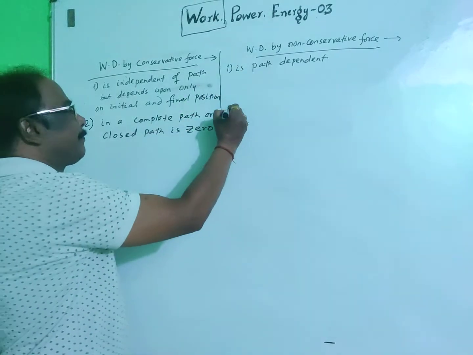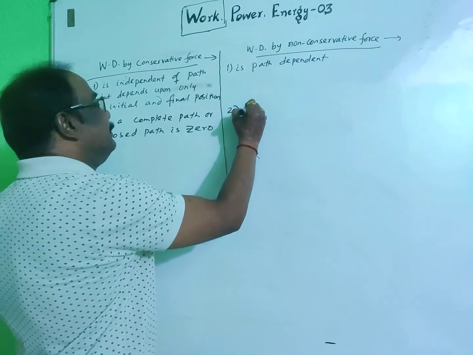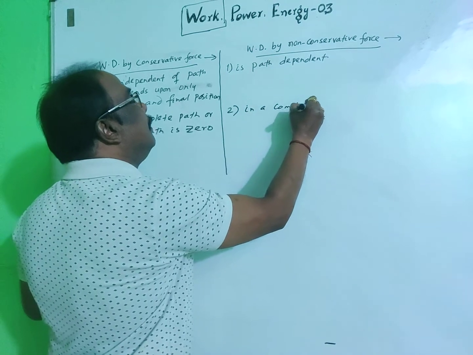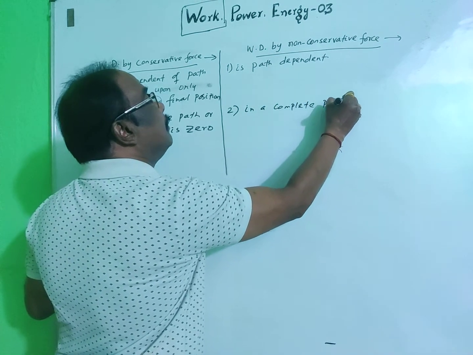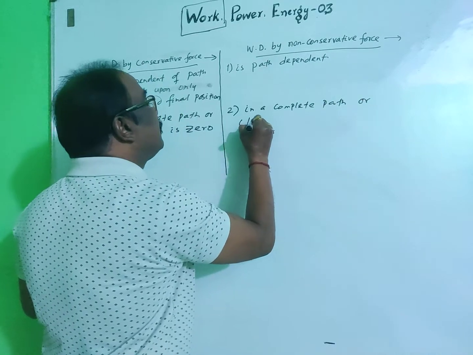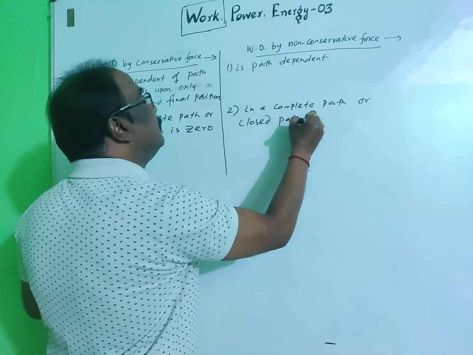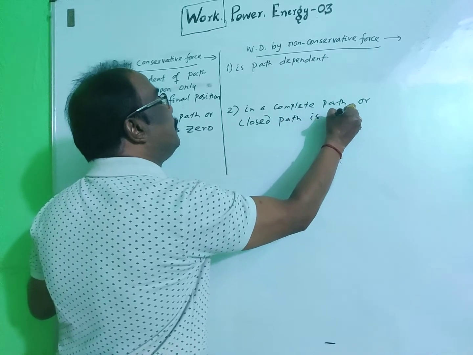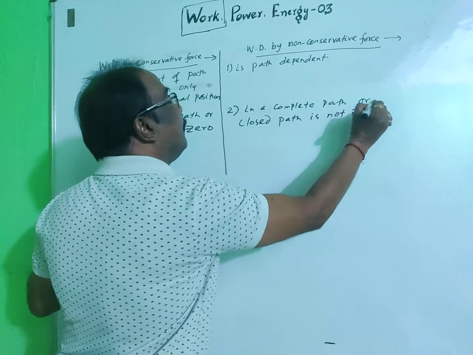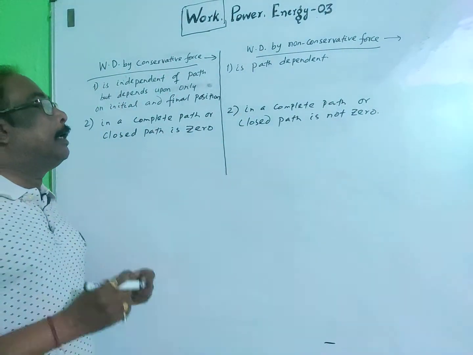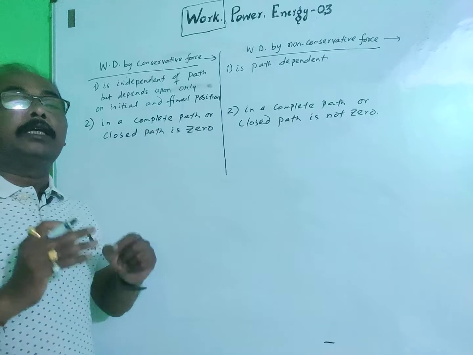But here, number 2, work done by non-conservative force in a complete path or closed path is not 0.